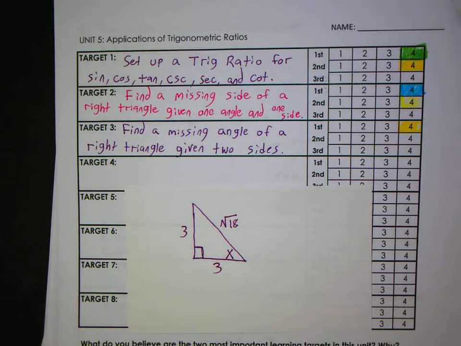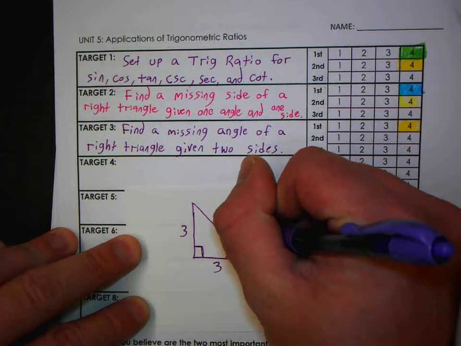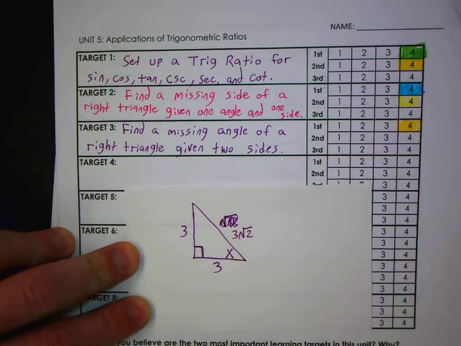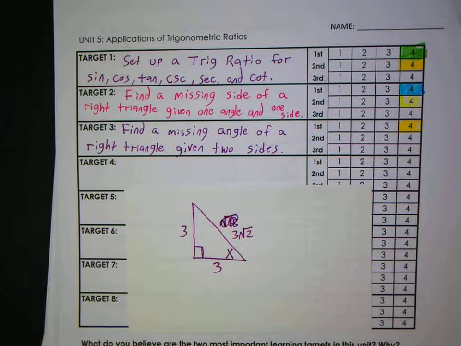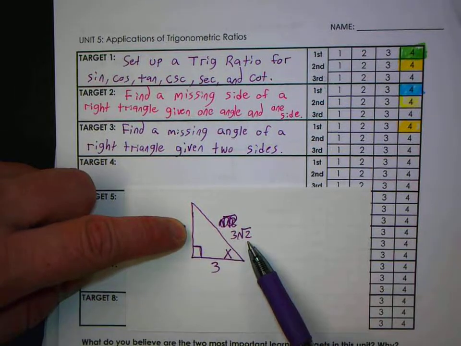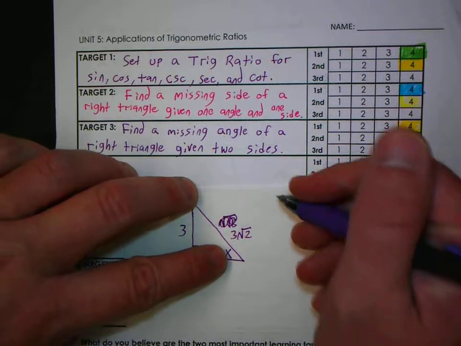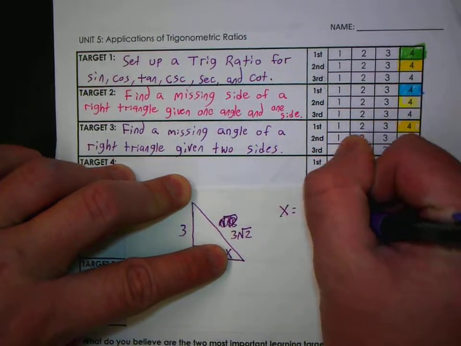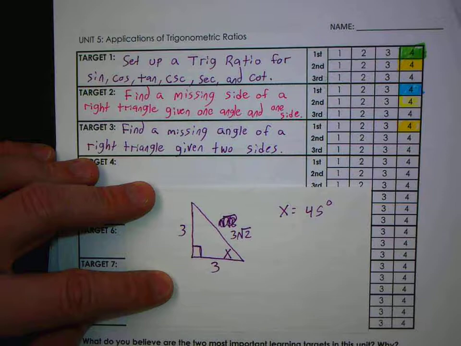Here, I'll even write it like this. Yeah, so it's a special right triangle, 30, 60, 90, or 45, 45, 90. The legs are the same. This is a leg with the square root of 2. So I know that that angle is 45 degrees, just looking at it, because the legs are the same.